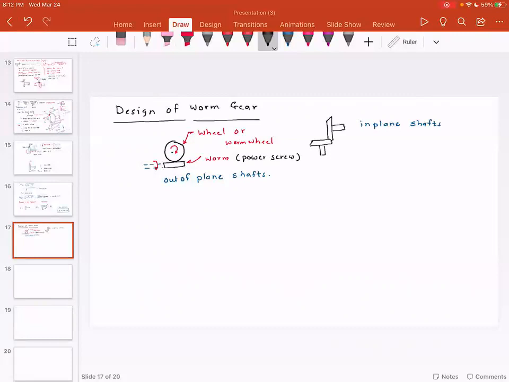What happens is you actually cut threads on a screw or on a shaft. Let me show you a bigger picture. You have the worm, and you have the helical gears cut, and then there are gears on the wheel.